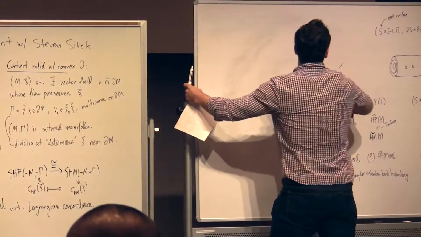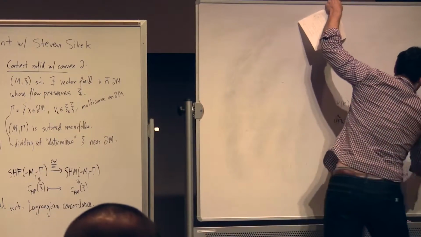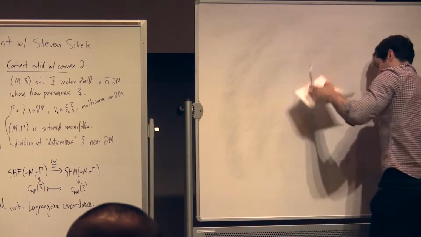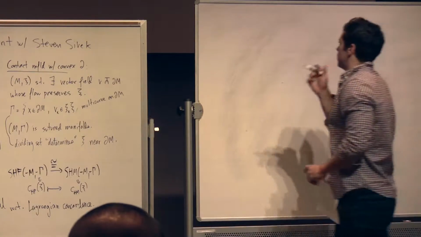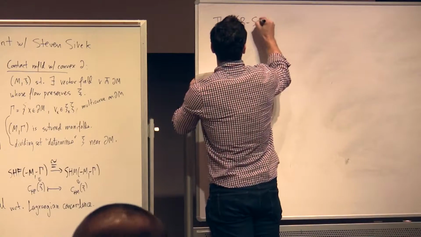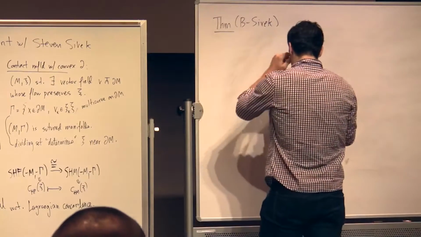As I said, I'd like to focus on the instanton Floer contact invariant. And the main theorem of the talk, which is something we conjectured in our original paper, but now believe we've shown, is the following.